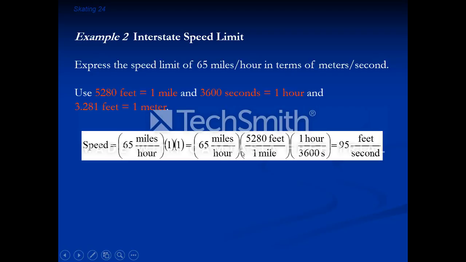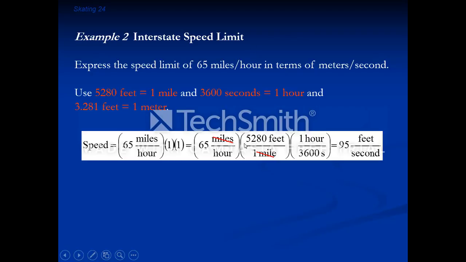So we're going to take 65 miles per hour and start by multiplying it by 5,280 feet per 1 mile. Those two are the same, and therefore we're only multiplying by the value 1. Here we have miles on top, here we have miles on bottom. Since you're dividing by it and multiplying by it, those units of miles cancel out algebraically. Cross them out. So we no longer have miles.